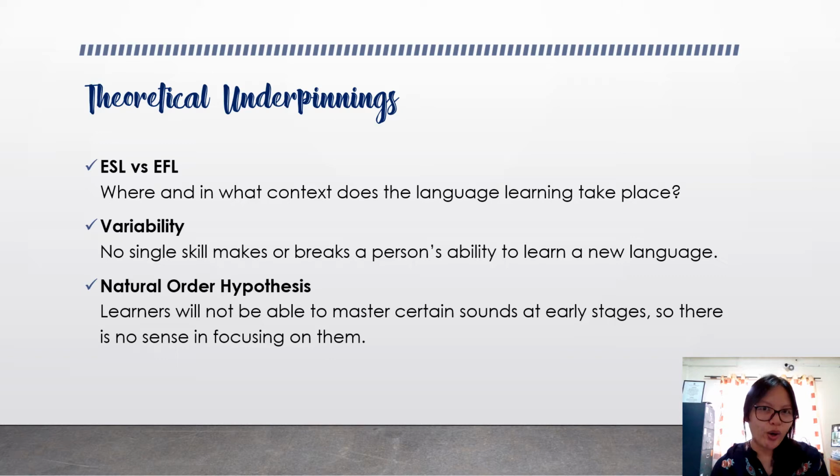What is his or her personality? What else? What is his or her experience prior to joining your class? Whether they have a good or traumatic or interesting experience in learning the English language, they will definitely bring that when they join your class.